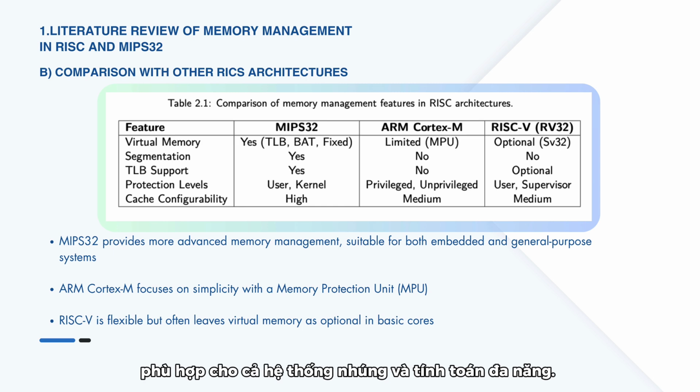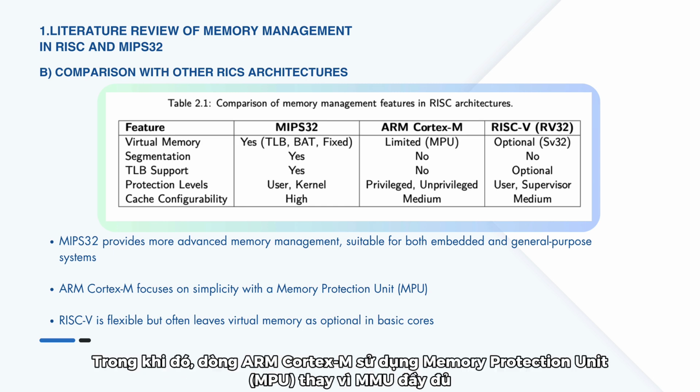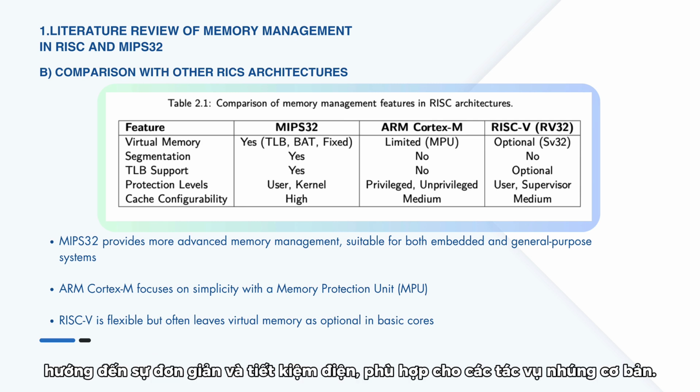In contrast, the ARM Cortex-M series uses a memory protection unit, MPU, instead of a full MMU. It focuses on simplicity and low power, ideal for basic embedded tasks.